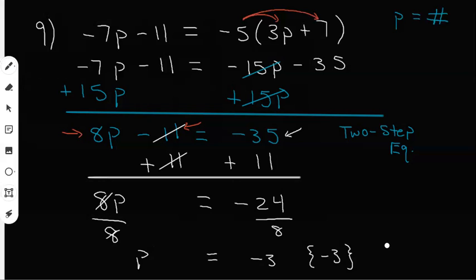That'll be inside my solution set. So now I want to make sure that the negative 3 actually works. So when we check our answer, we're going to start off with the original equation that they gave us, and we're just going to let p be negative 3 and see what happens. And we'll do that on the next slide.